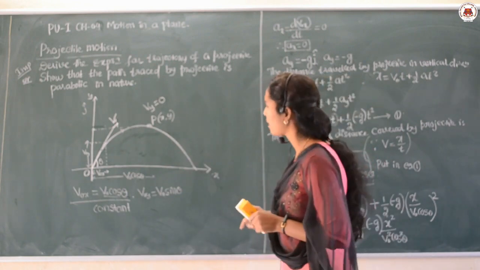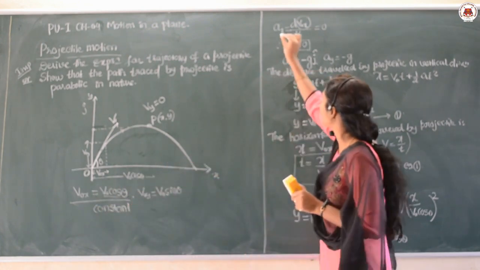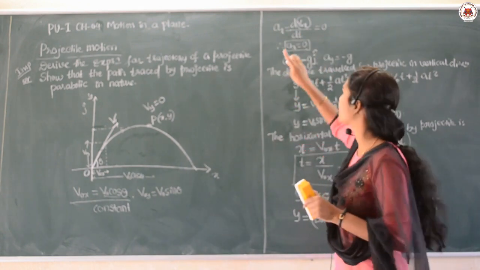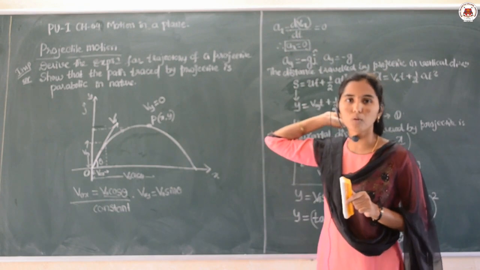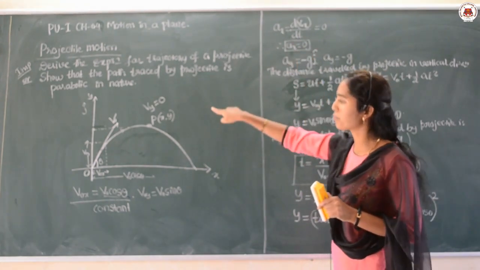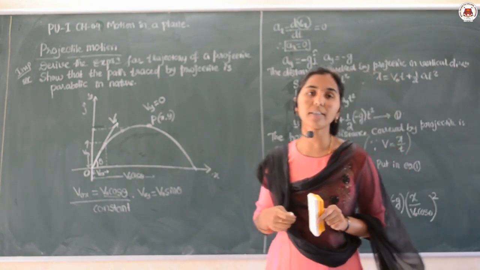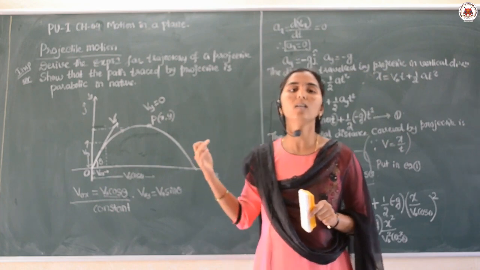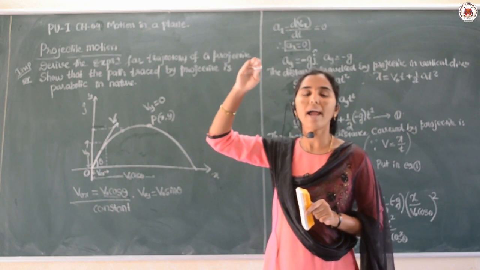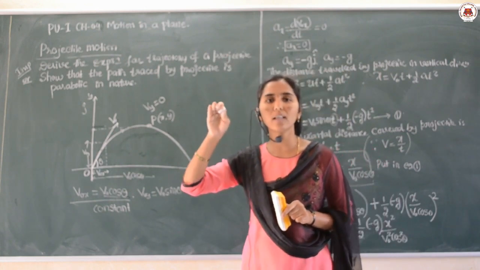And we know that the horizontal component of velocity remains constant, therefore no acceleration in the horizontal motion. Therefore acceleration is 0 in the horizontal motion during projectile motion. But the velocity value will change in the vertical motion, that will decrease as it moves above, and at maximum height the velocity remains 0.